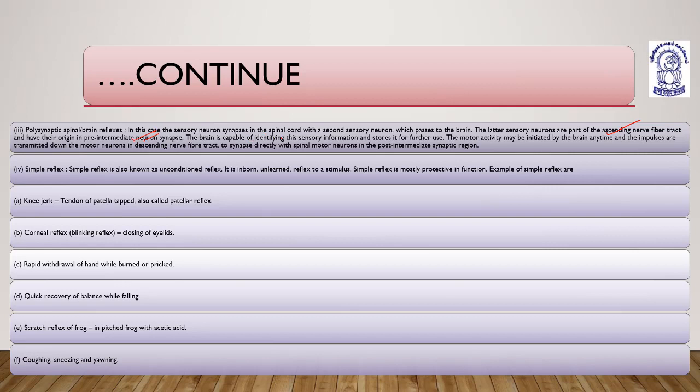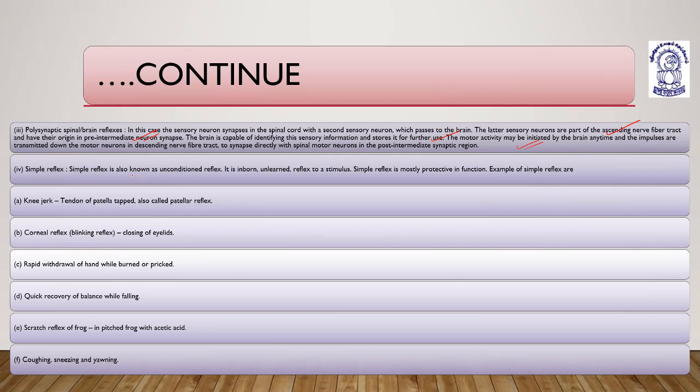The brain is capable of identifying this sensory information and stores it for further use. Motor activity may be initiated by the brain anytime, and the impulses are transmitted down to the motor neurons in the descending nerve fiber tract to synapse directly with the spinal cord neurons and in most intermediate synaptic regions.